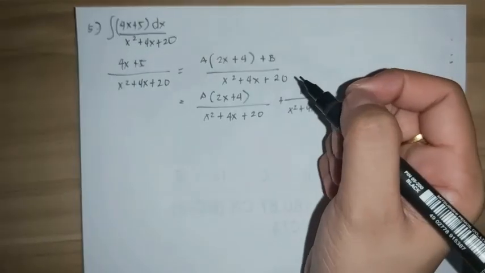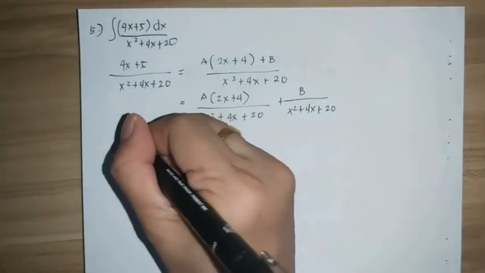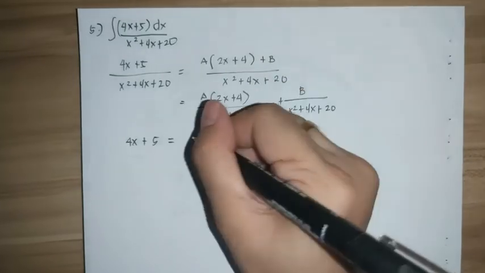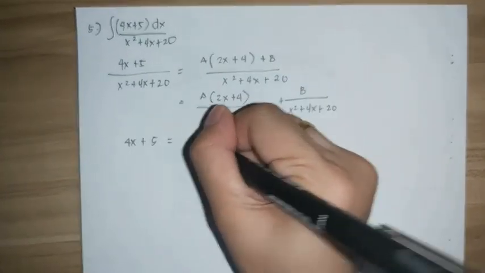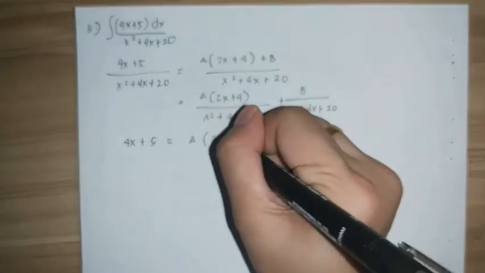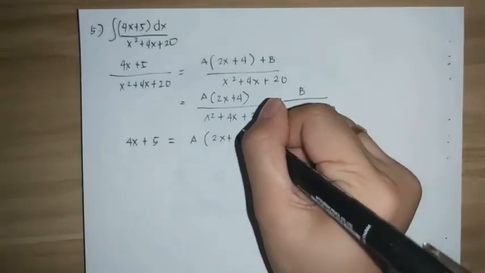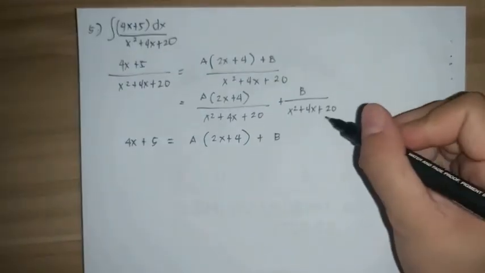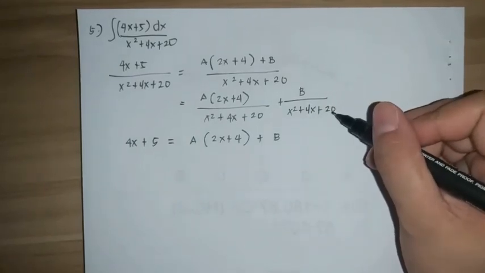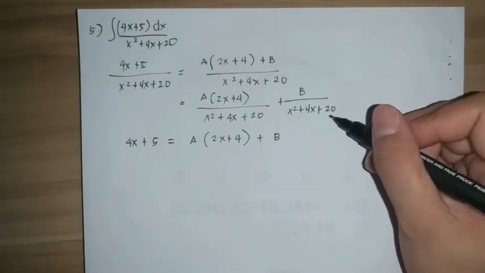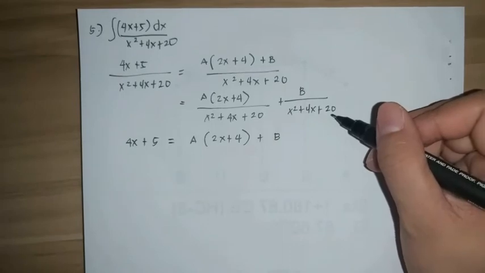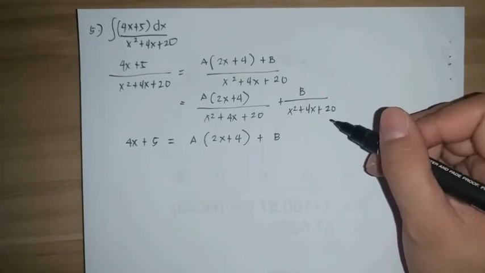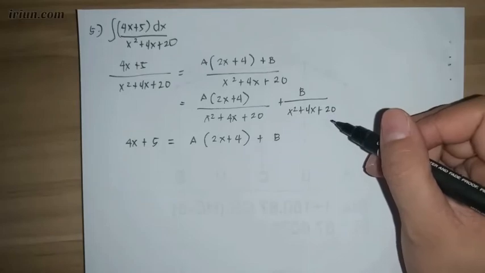So we just need to cross multiply. We have 4x plus 5 is equal to A times (2x + 4) plus B. We could make use of substitution, letting x be a specific value.